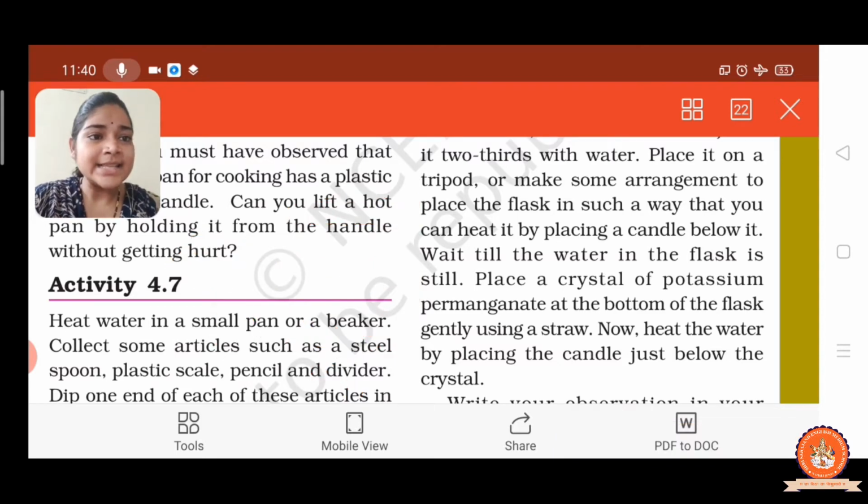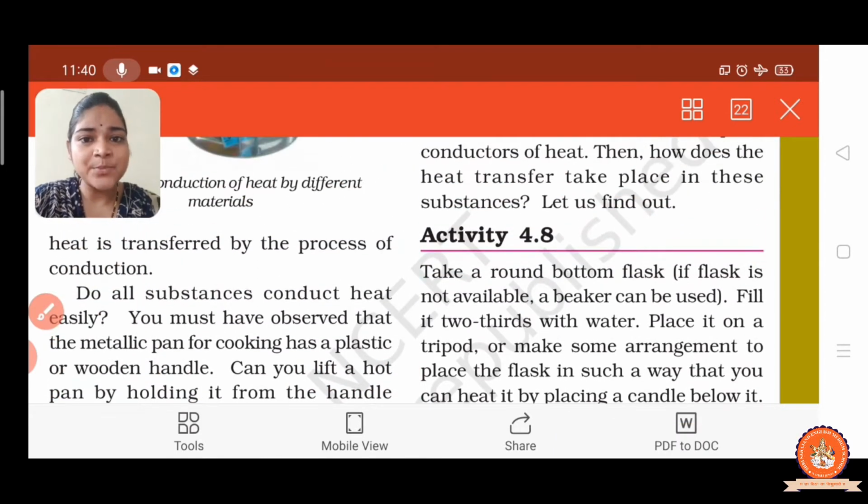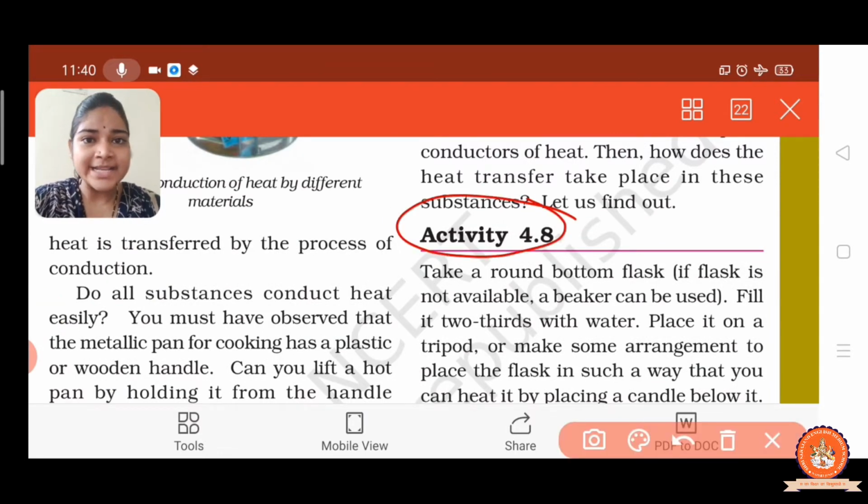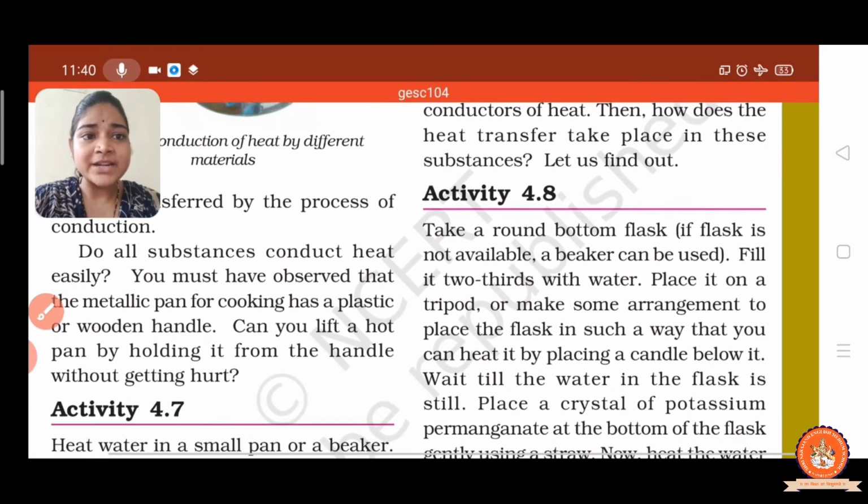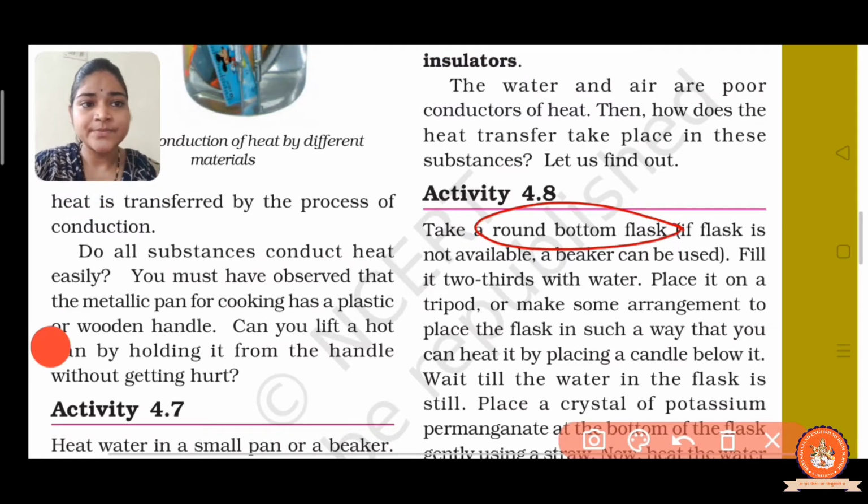Now let us learn the convection method with the help of an activity. Here activity 4.8 is given to you. The apparatus required for this activity is a round bottom conical flask. If you do not have a round bottom conical flask, you can take a beaker instead.